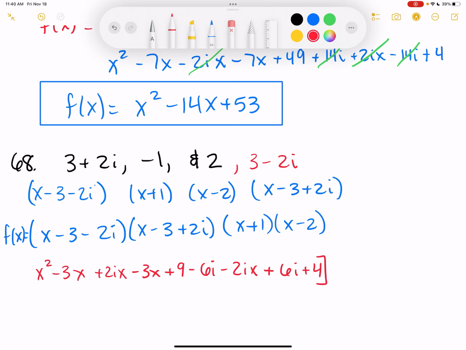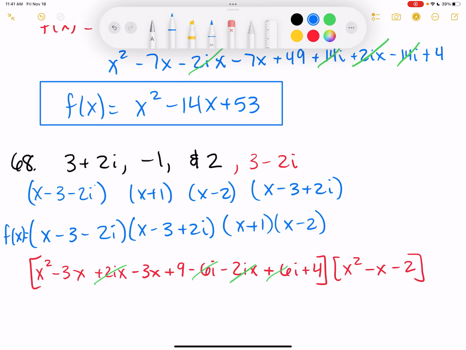I'm just going to bracket that off for the moment. x plus 1 times x minus 2 would be x squared minus x minus 2, I think. So then to cancel stuff, 2ix's cancel, 6i's cancel.